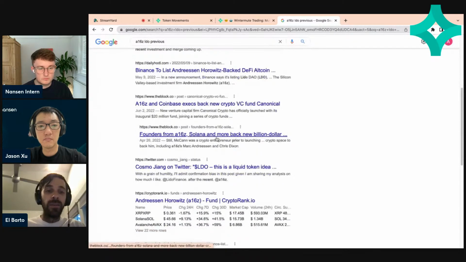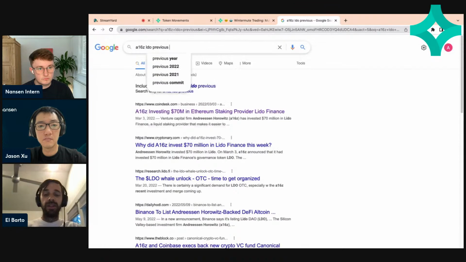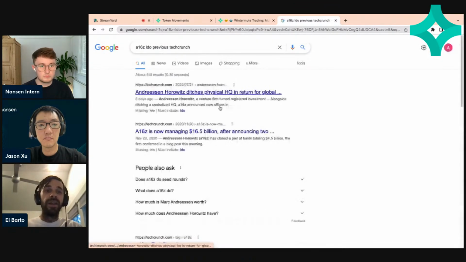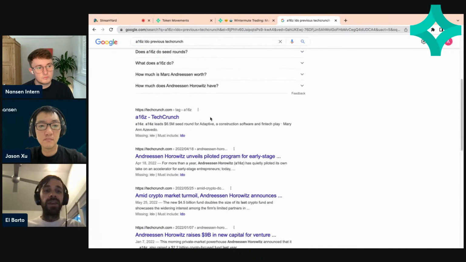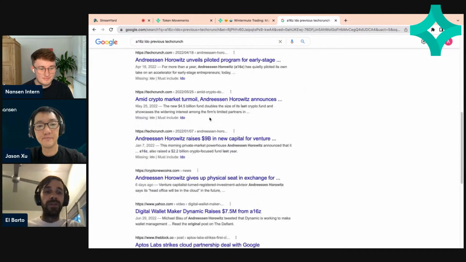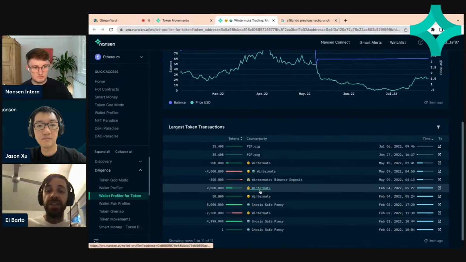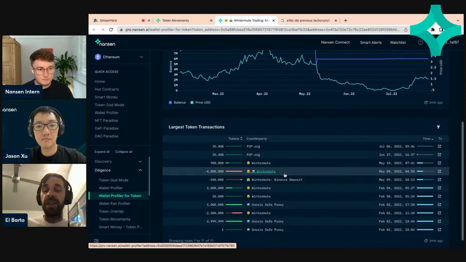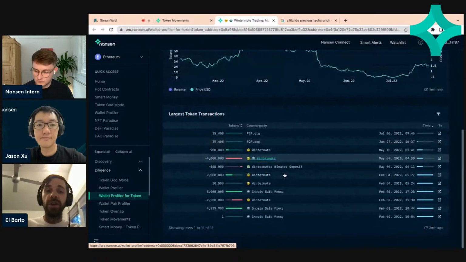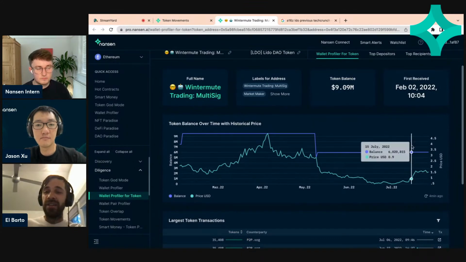It was literally buried in the last line of this article that I obviously cannot find right now: Andreessen Horowitz gets their tokens from previous investors. Well, you can infer here that Wintermute is the facilitator of this. Maybe they're doing the OTC transactions, but they could also just be holding it for them, because if you go to this contract, Wintermute still owns 6 million Lido.